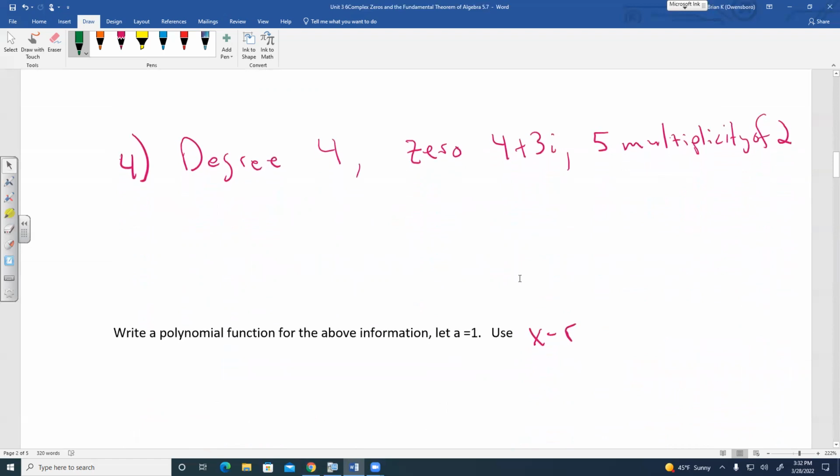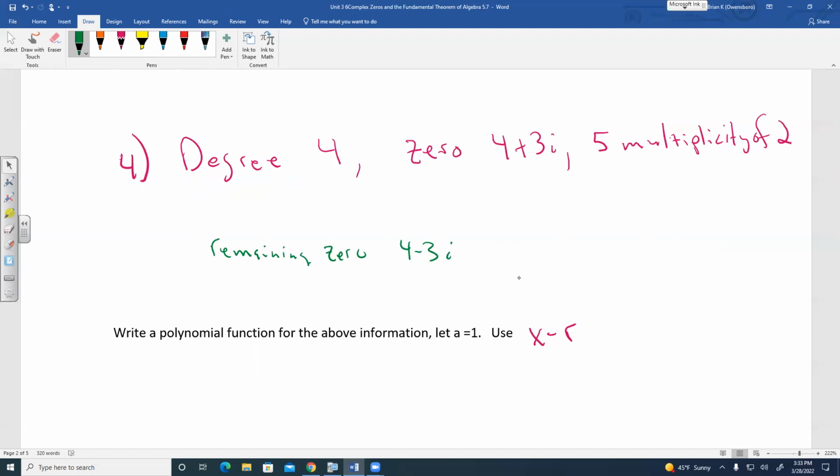So on this one, notice how we have a degree of 4. And the zeros are 4 plus 3i, and notice how 5 has a multiplicity of 2. So notice how here, since we have this 4 plus 3i, the remaining zero would be 4 minus 3i.